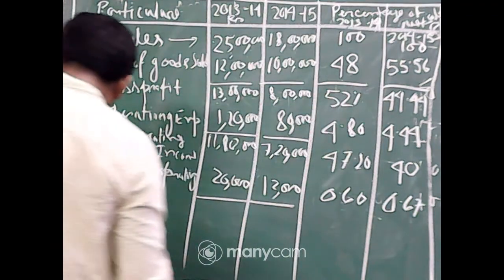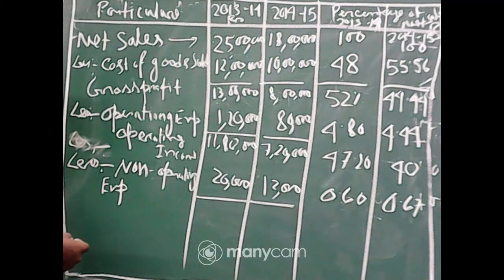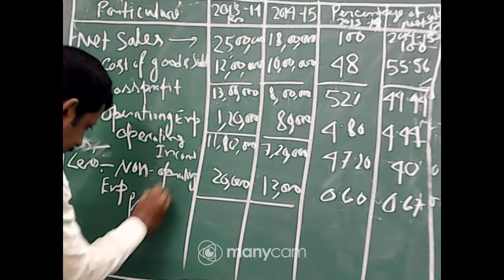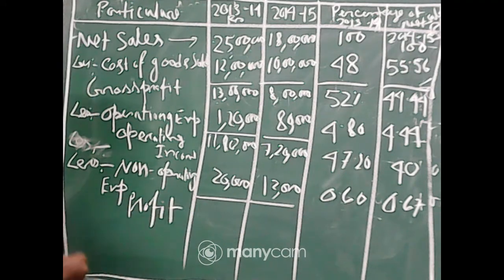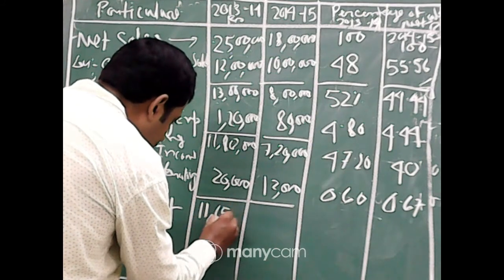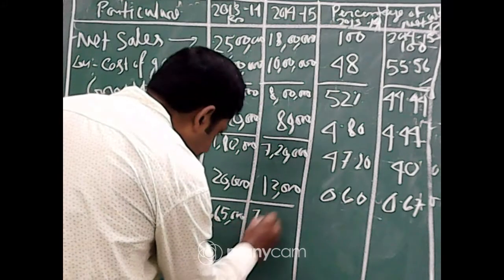Now what will come after deducting it? After deducting it, it will come profit 11,65,000 and 7,08,000.